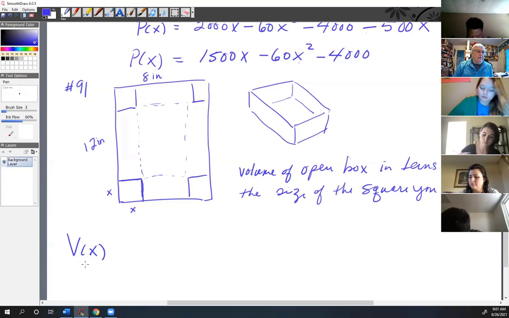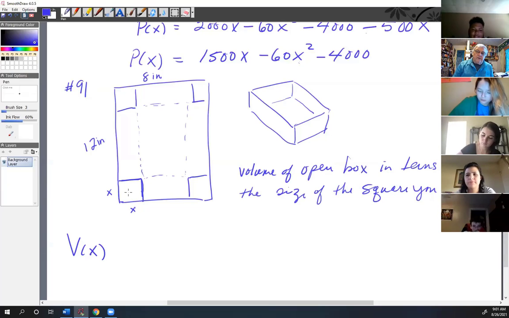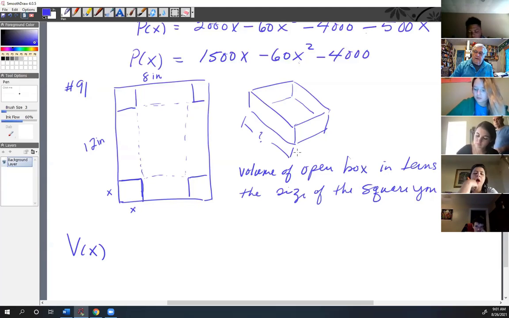How big that little square I snipped out is. Now, I would know the volume of this box if I knew this measurement, right? And this measurement.